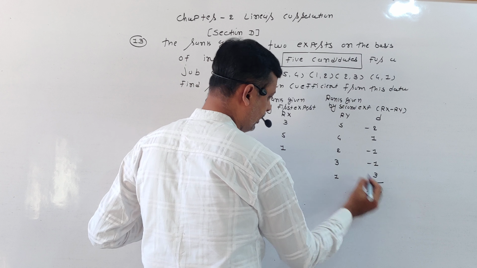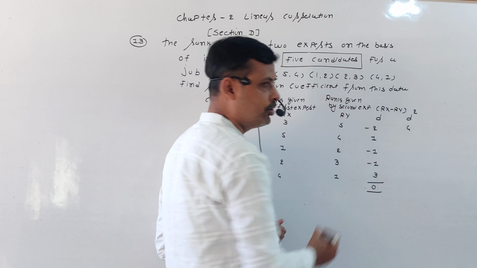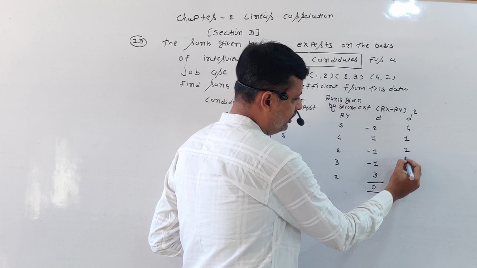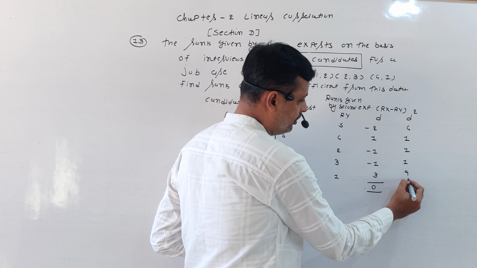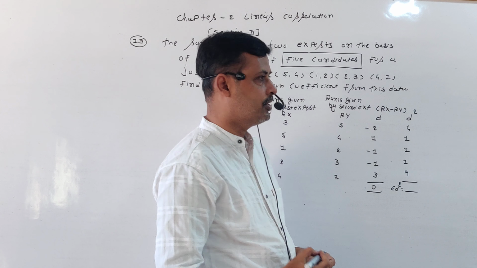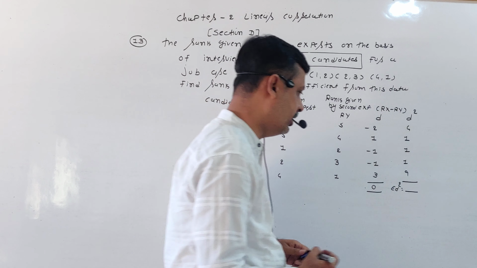Now the total of D is always 0. Now D square: minus 2 square is 4, 1 square is 1, minus 1 square is 1, 1, 3 square is 9. Now the total sigma D square: 9 plus 1 is 10, 11, 12, and 16.